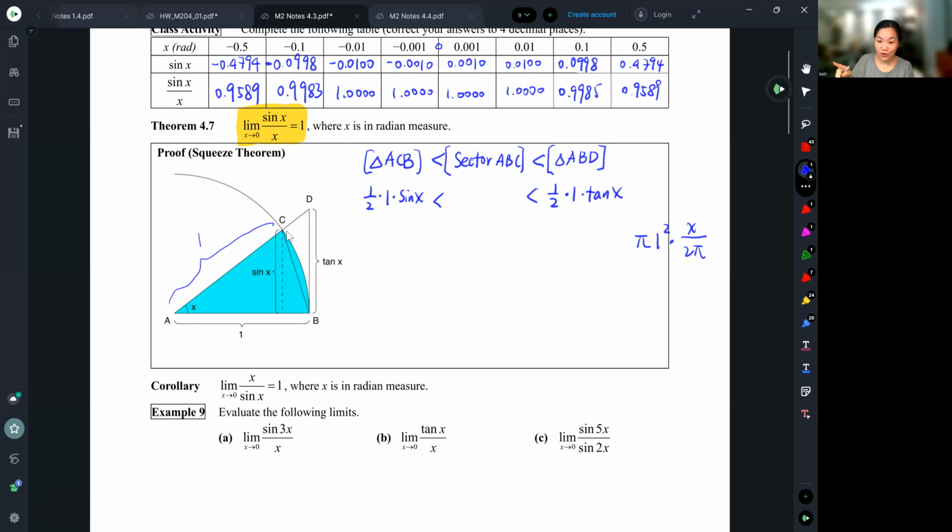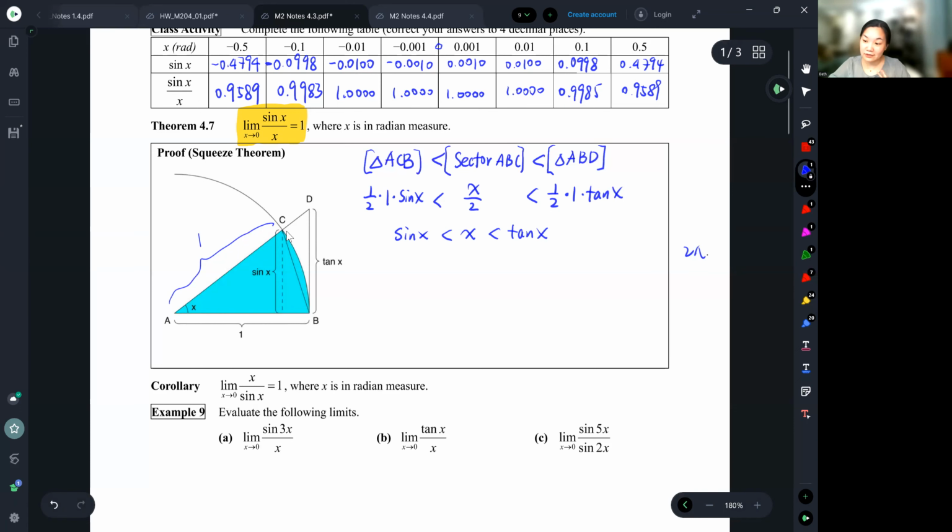So you can see the area of the sector is x over 2. Okay, so we create this inequality ourselves, which is sine x is smaller than x, smaller than tangent x. Now you create and simplify.